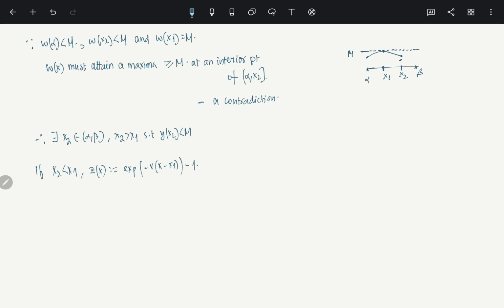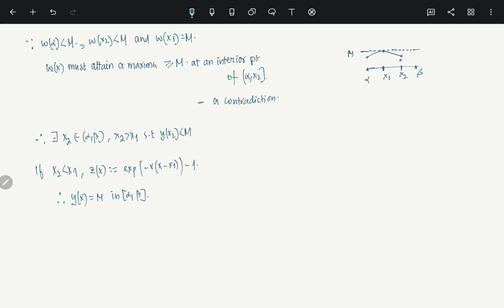You can do a similar argument, and you can show therefore y of x has to be identically equal to m in alpha beta. So basically what it is saying is this: if you have y that takes the maxima at an interior point and y double prime is positive, then it has to be identically constant. Please remember this thing.